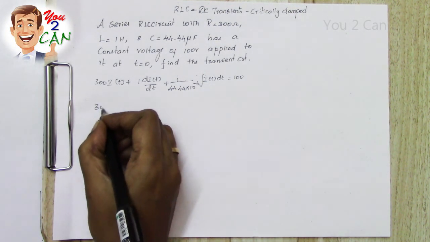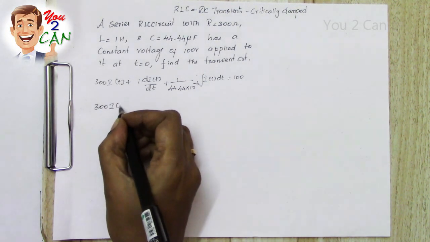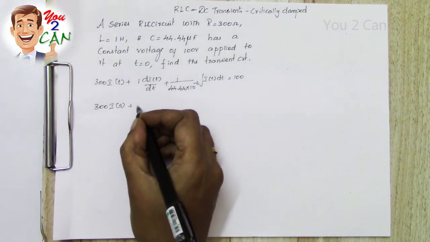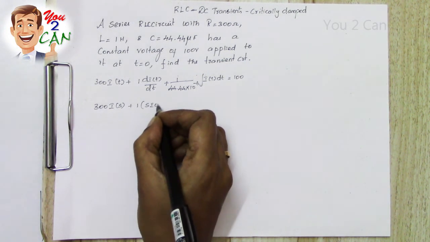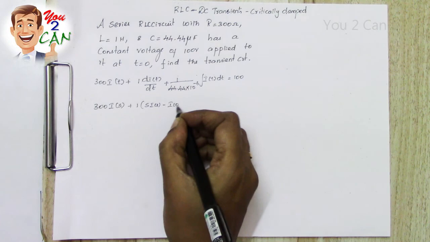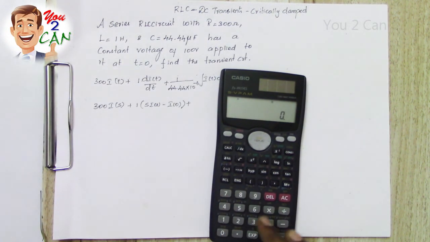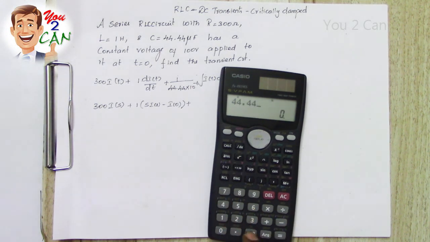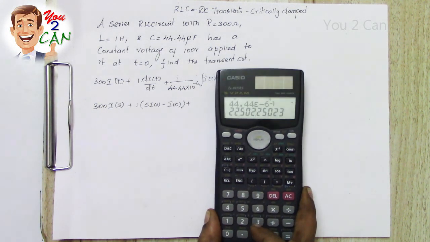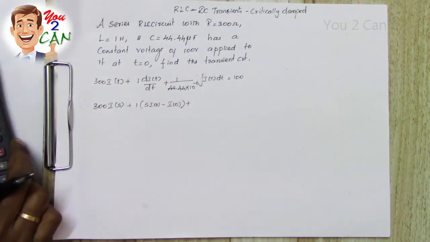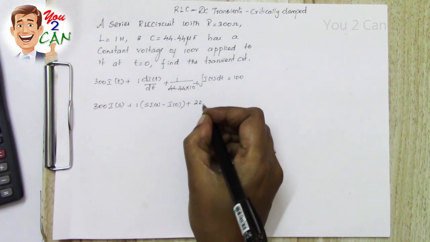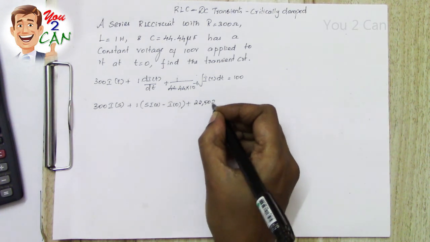Now apply Laplace transform, that is 300 I of s plus 1 into (s I of s minus I of 0), plus 1 by 44.44 into 10 power minus 6, whose inverse is 22,502.